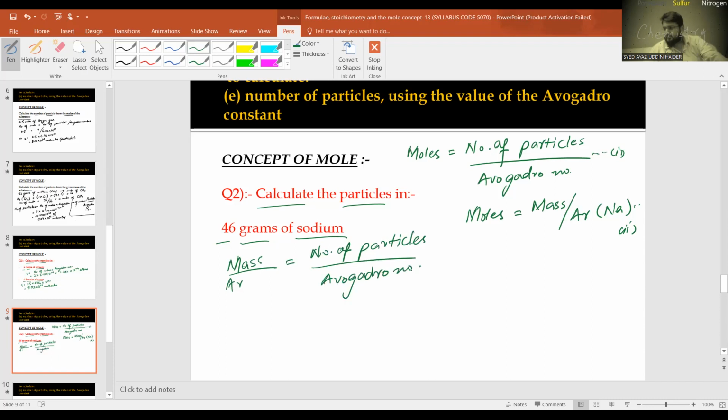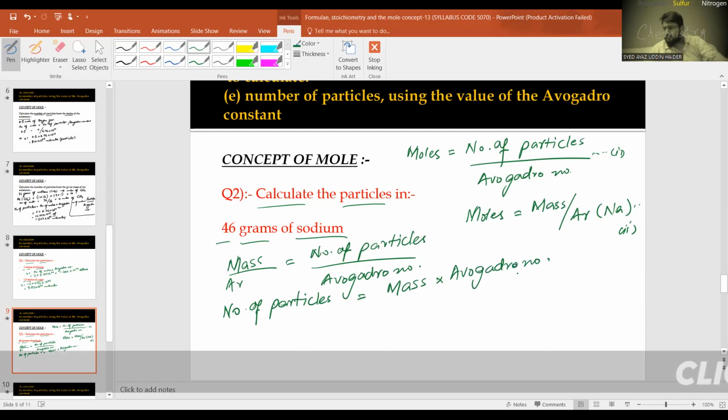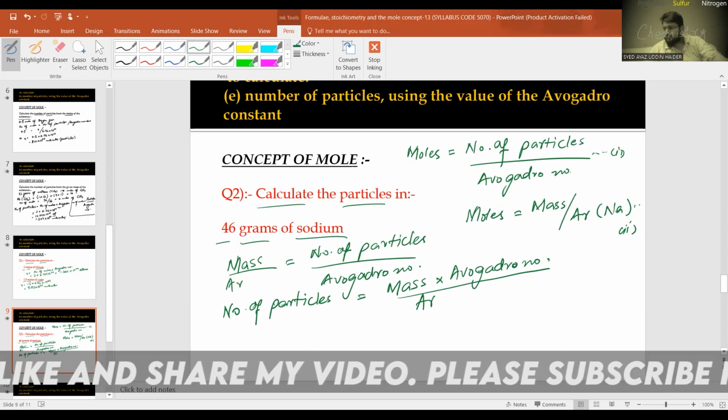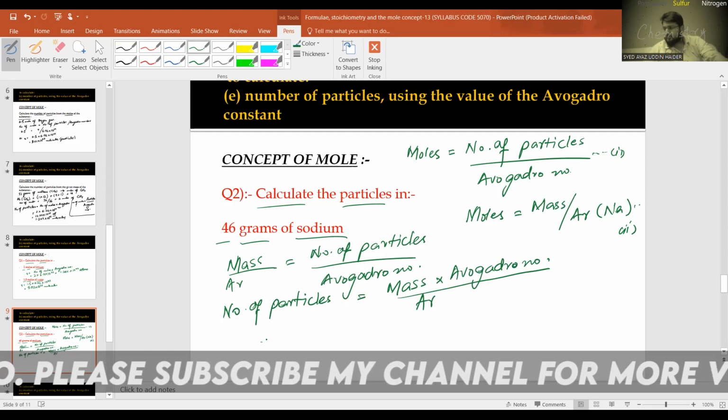If you rearrange this equation, you will get number of particles is equal to mass multiplied by Avogadro number divided by AR.